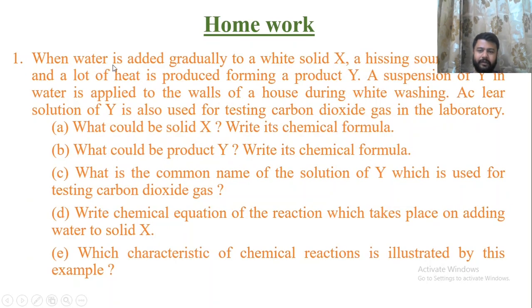When water is added gradually to a white solid X, a hiss sound is heard and a lot of heat is produced, forming a product Y. A suspension of Y in water is applied to the wall of a house during whitewashing. We have discussed this thing. So just have a look at this particular question.